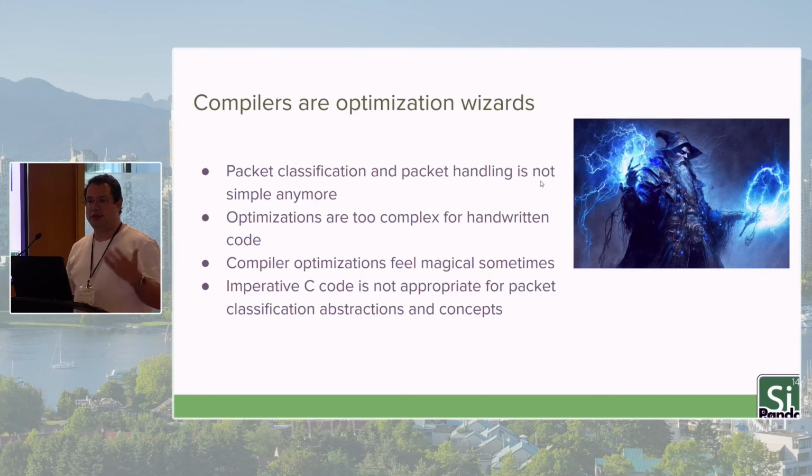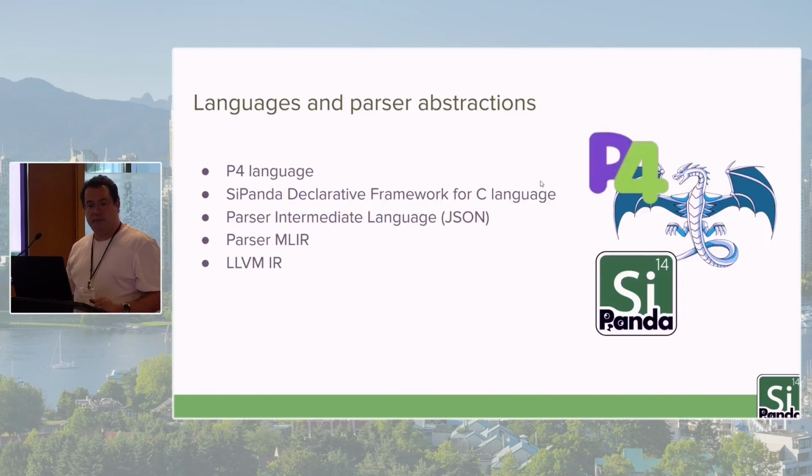That's why we see several languages being created, like P4, for example. Even SciPanda has its own declarative framework for C language, so it's not imperative C code. It's actually a framework to define parsers in C code, but in a declarative way. And then I'll show how that makes a huge difference for compilers.